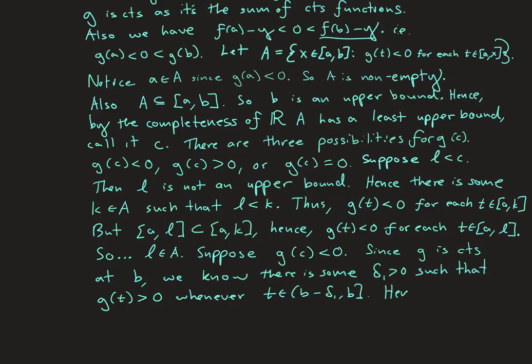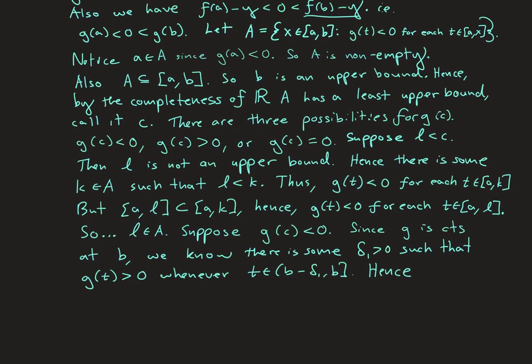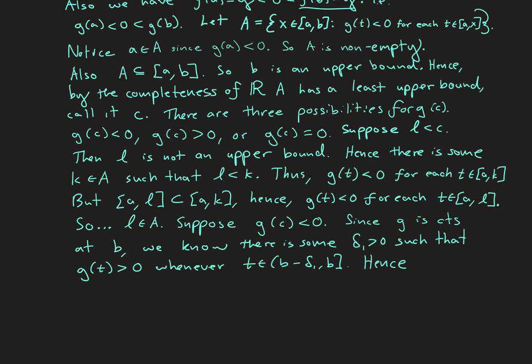Hence, what we literally just found is a set of upper bounds of A. All of these are upper bounds of A because A is defined to be the closed intervals for which g is negative on, and this is an interval where g is positive, which means those are all upper bounds.